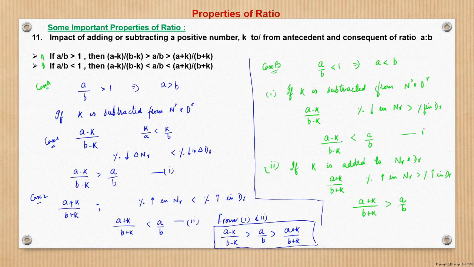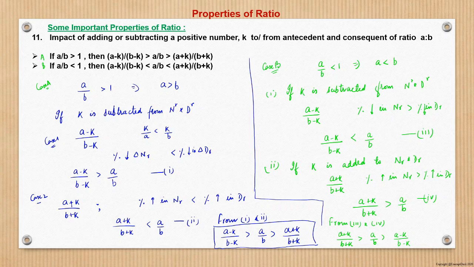So from 3 and 4, we can say that (a plus k) upon (b plus k) is greater than a by b, which is again greater than (a minus k) upon (b minus k).